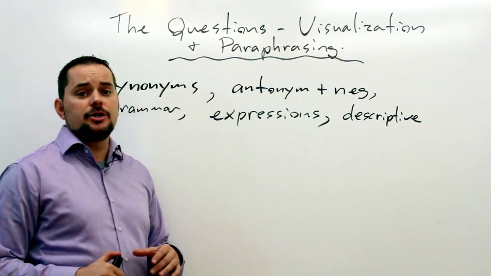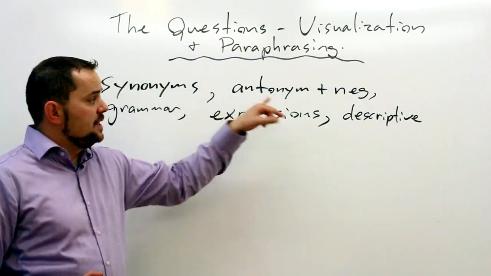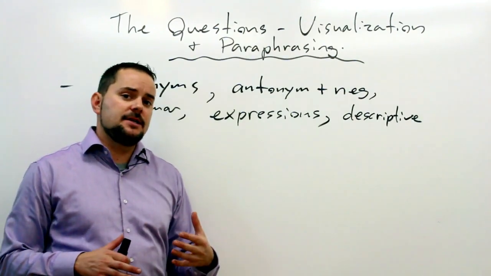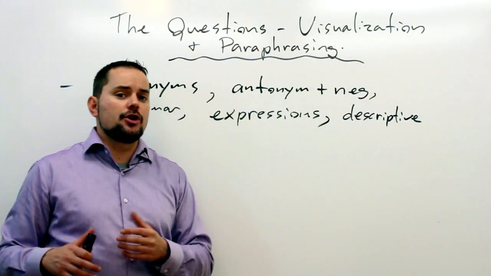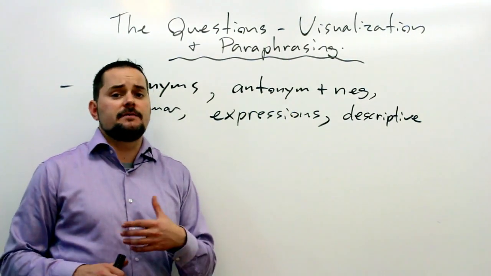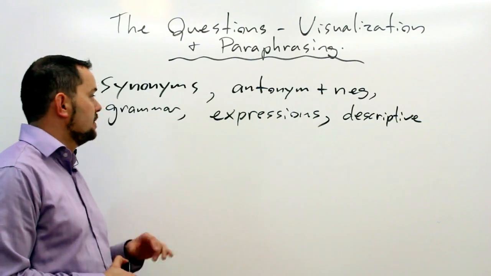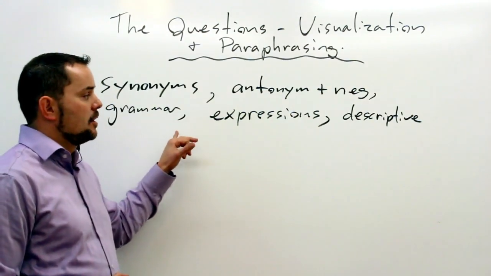Now, IELTS examiners use all of these different types of paraphrasings to test your knowledge. When you practice these, when you can recognize these, for sure you're going to improve your score. And this is very true for the yes, no, not given, or true, false, not given types of questions.